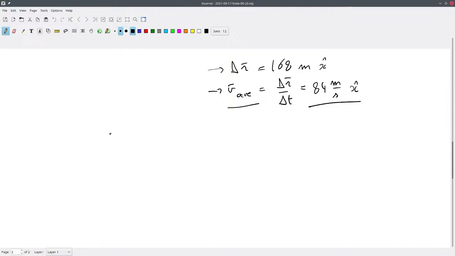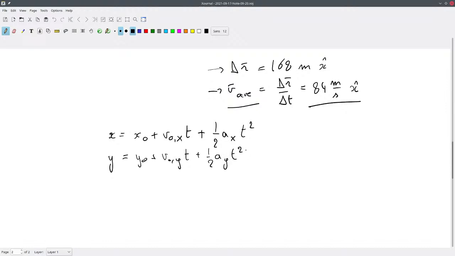And those are going to be, for example, x is x0 plus v0x times t plus 1/2 ax t squared. And similarly for y, we'll get y0 plus v0y t plus 1/2 ay t squared.